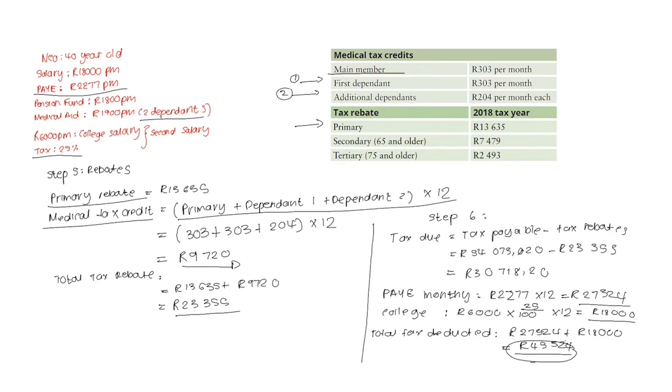while the tax due is 30,718 Rand 20 cents. Therefore, more tax has been deducted than his tax due, and he would receive money from SARS. In order to calculate how much he would receive, we simply take the tax deducted minus the tax due.